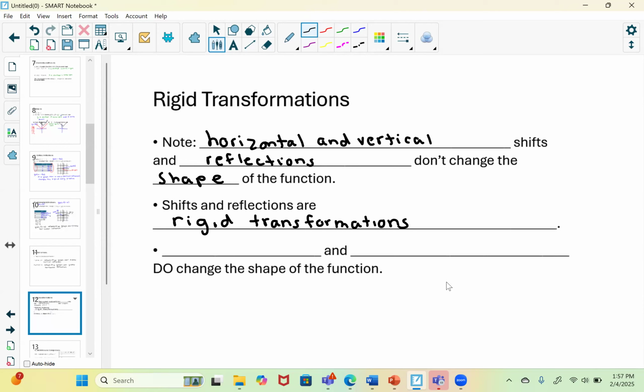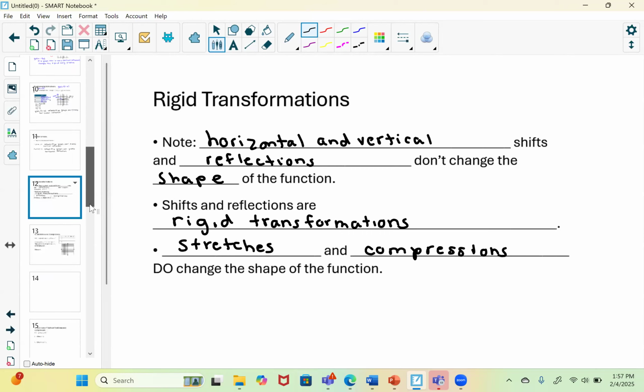They stay the same shape. We're gonna do the next ones, which are called stretches and compressions. That's what we're gonna do next. And they will change the shape slightly, okay? And they are not rigid transformations.